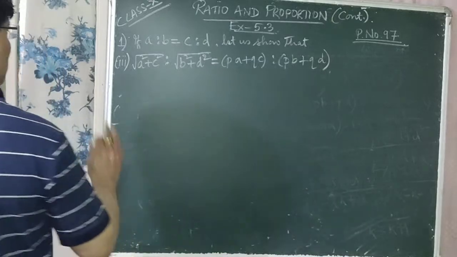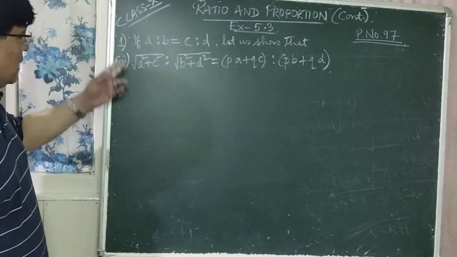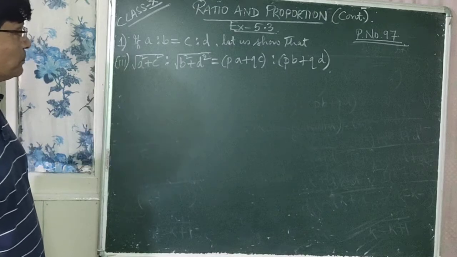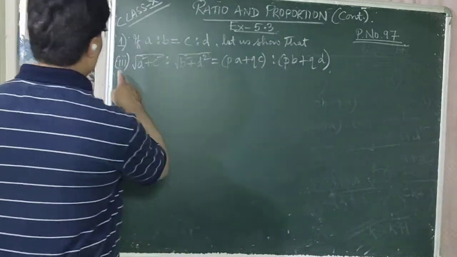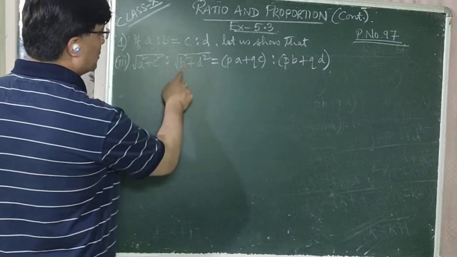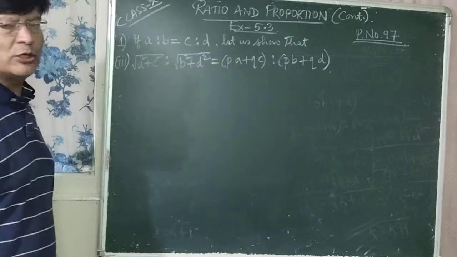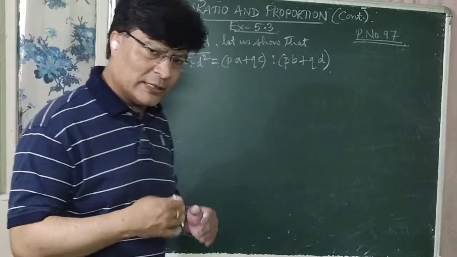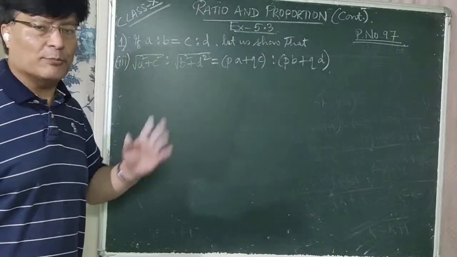So here also, what is given out here? If A is to B is equal to C is to D, let us prove that root under A square plus C square is to root under B square plus D square is equal to PA plus QC is to PB plus QD. So you can use the same method as we have done in the previous problem, that is in number 2.